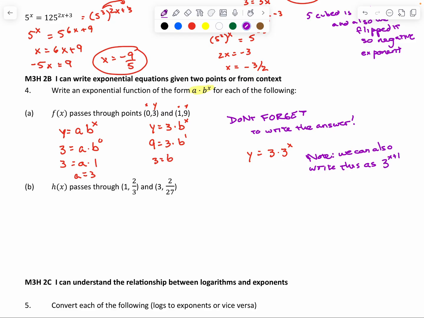Since the bases match, you can actually just combine it into one big honkin' thing. So let's try this. Uh-oh, we still got 2 variables. Well, let's look at 2 equations, 2 unknowns, so we should be able to do this.